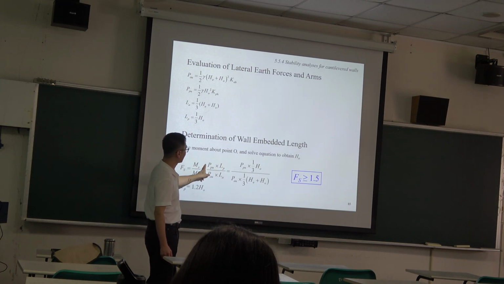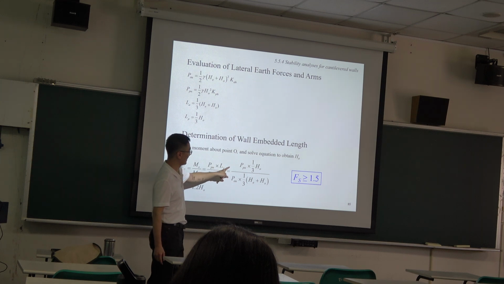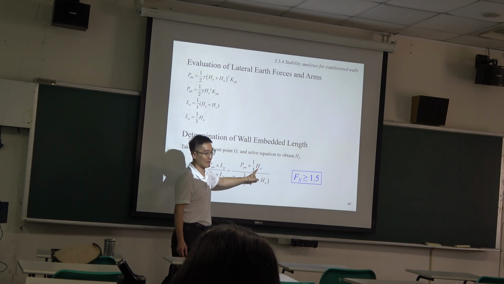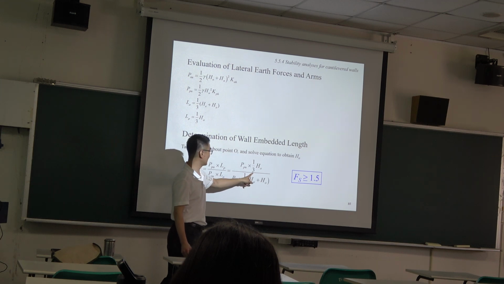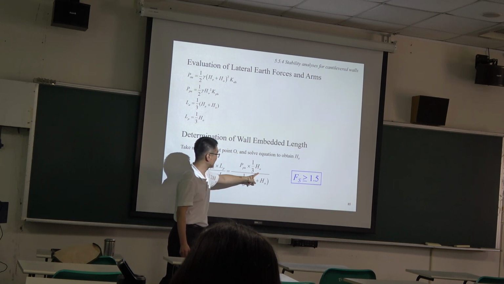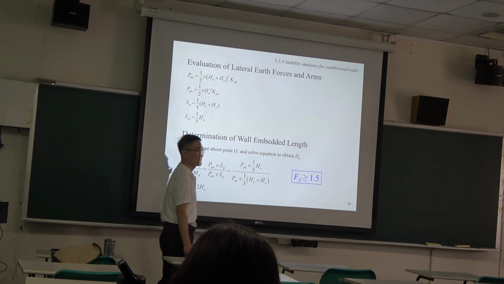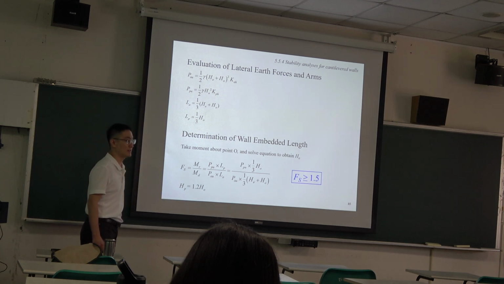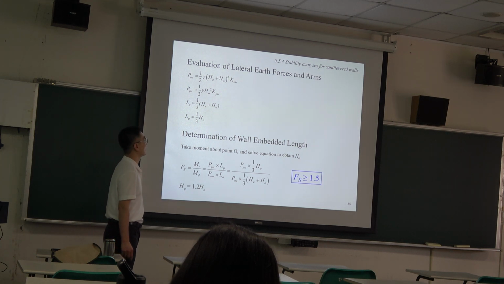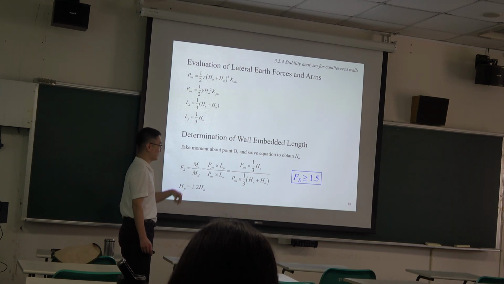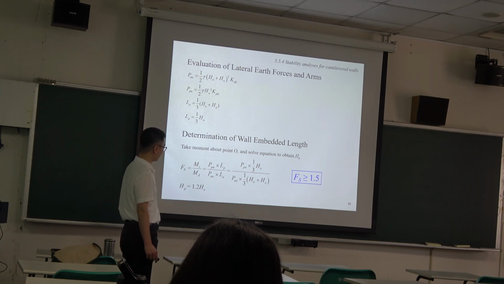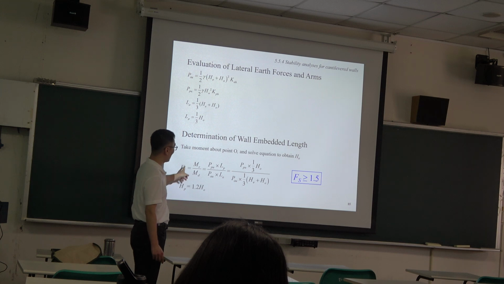So the passive side resistance is the resultant times the lever arm, and the driving side is the active resultant times its lever arm. We consider moment equilibrium, so this is the moment factor of safety.